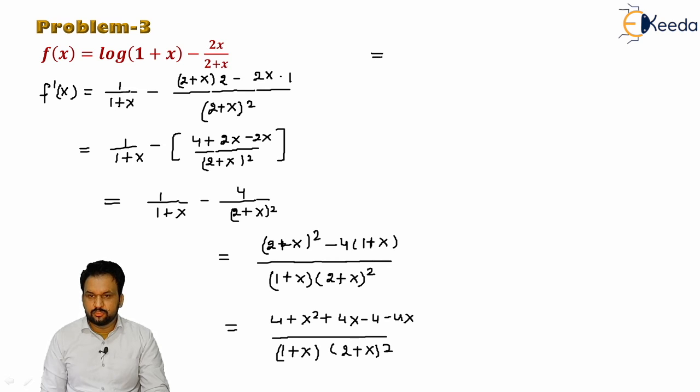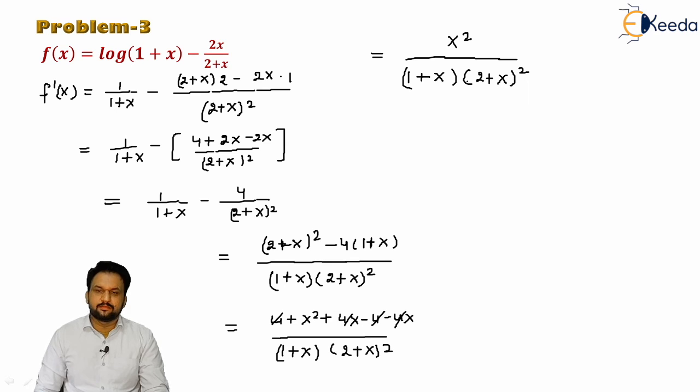After solving, 4x will cancel with 4x and 4 will cancel with 4. So here you get a result in the form of x square over 1 plus x and 2 plus x whole square. Logic clear? Now this is your required derivative of the function, f dash x.